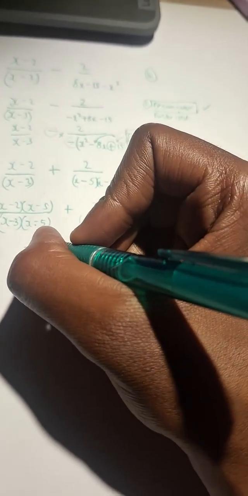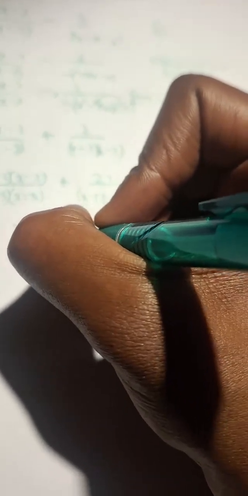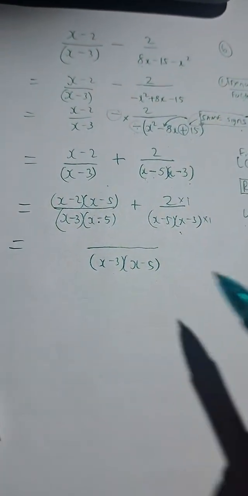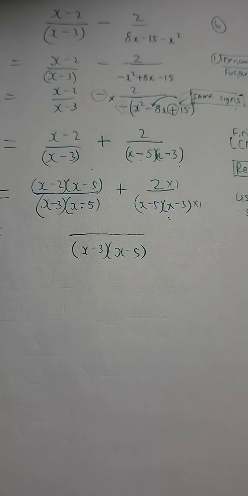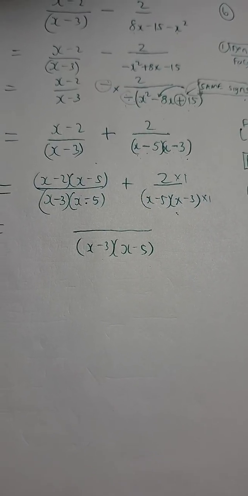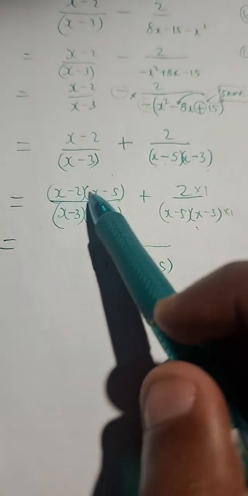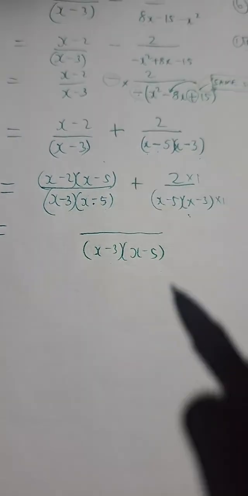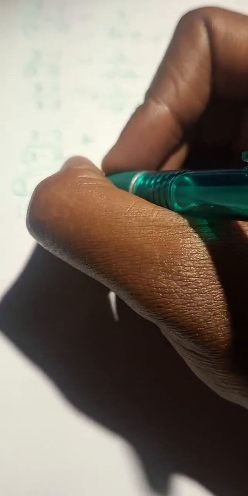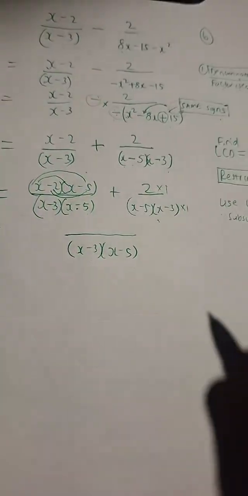Now, I think you guys can see that our lowest common denominator is simply what? X minus 3 into x minus 5. LCD stands for lowest common denominator, yes. Then we can take the left, x minus 2 into x minus 5, and do what? Distribute. So we are going to say x into x, x into minus 5, negative 2 into x, and negative 2 into negative 5.